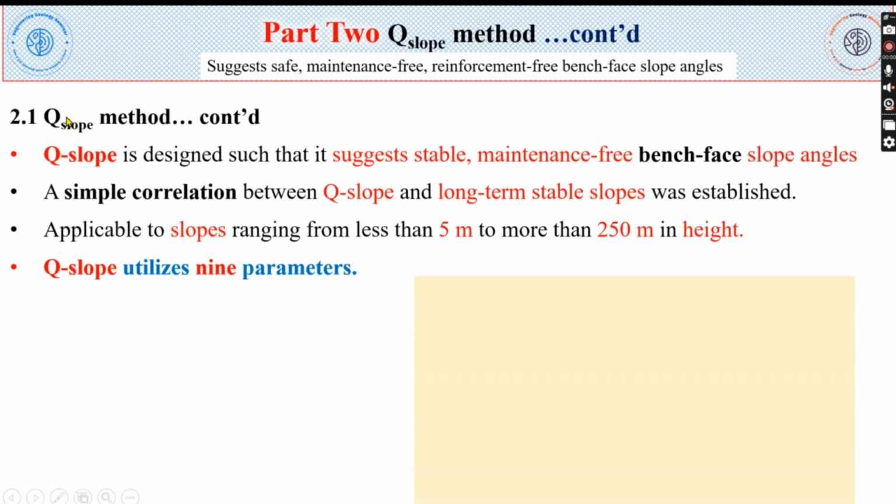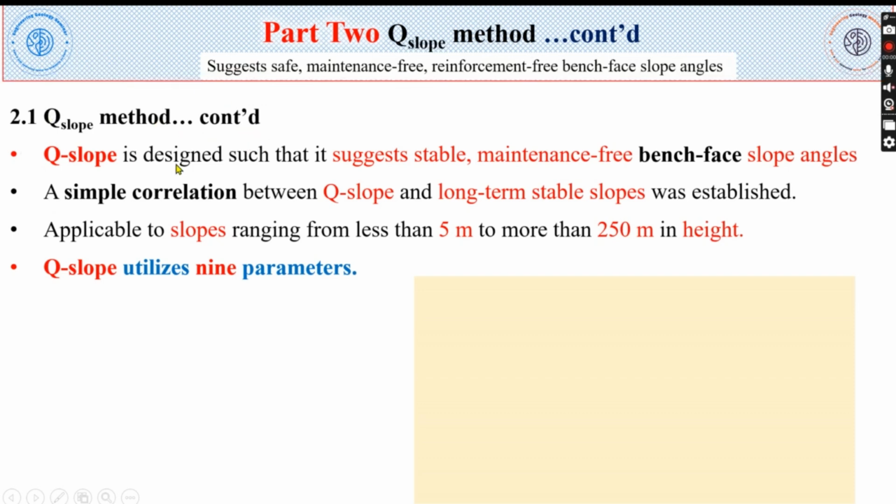When we come to Q-slope, it is very useful because most of the slopes that we face on engineering sites or different projects are not very large scale. Most failures are local failures as the dominant failures. Therefore, Q-slope is very useful in handling this type of failure.